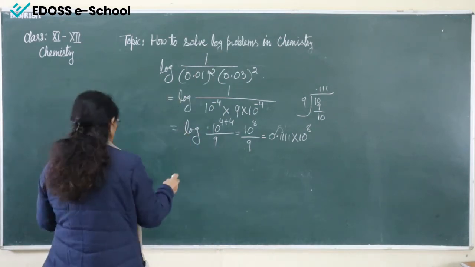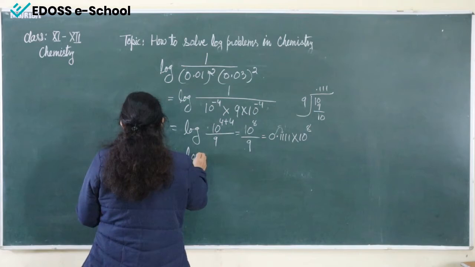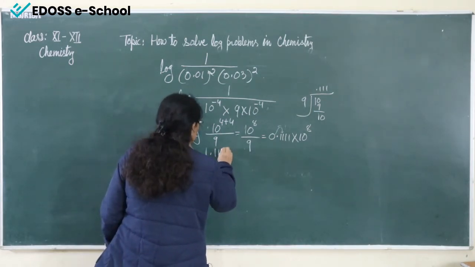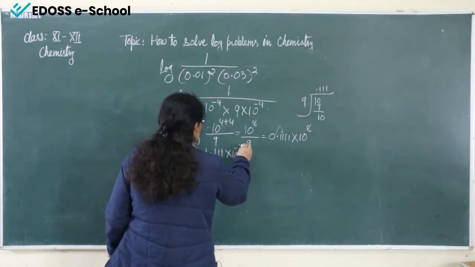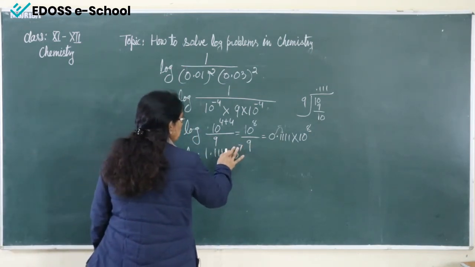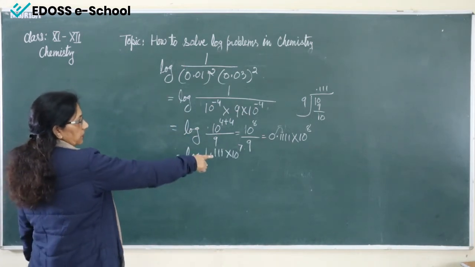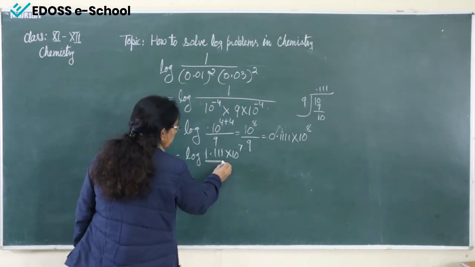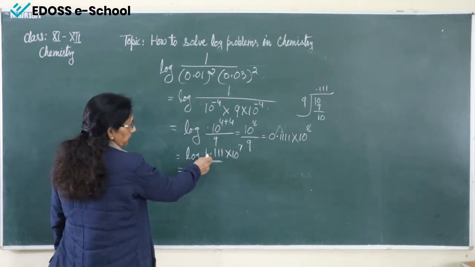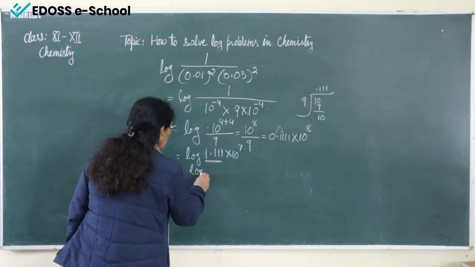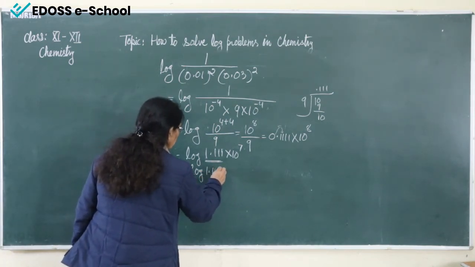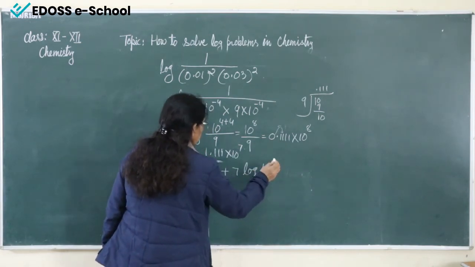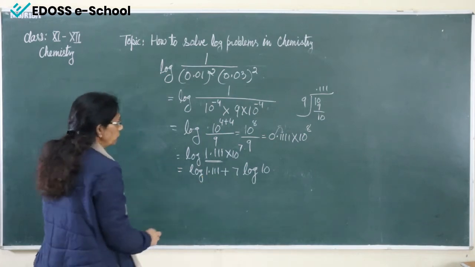See here, this is log 1.111 into 10 raised to power 7. Okay. So first we will find the value of this. So same way we can do it, log 1.111 plus 7 log 10. Okay. So now you can calculate it.